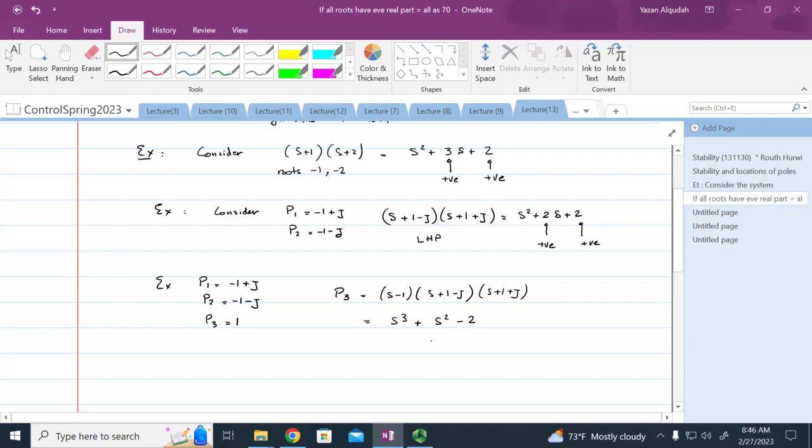How is this consistent with what we're saying? It has a negative coefficient, and what else? The 1 is positive for the pole. Yes, and it has a missing s, isn't it? So this is going to equal s cubed plus s squared plus 0 multiplied by s minus 2. We have a term missing, and we have a negative coefficient.